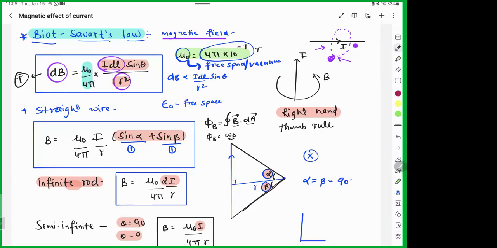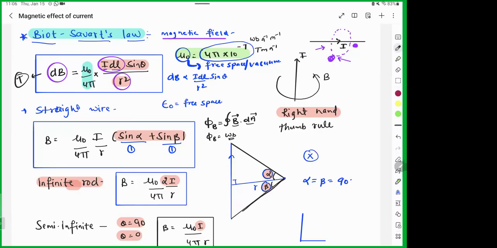So if r square goes into the multiplication, it will be Weber. Divide by current, which is ampere, and this is length. So it will be either Tesla meter per ampere or it will be Weber per ampere per meter.